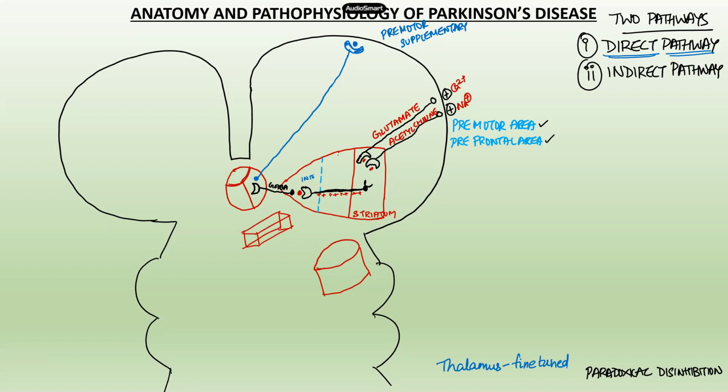How does that happen? That happens by the thalamus, because the thalamus is the place where your motor programs are fine-tuned, right? Now the impulses or circuits that are coming from the striatum through the globus pallidus externa and interna are very raw, and by the time they come to the thalamus, they get fine-tuned, right?